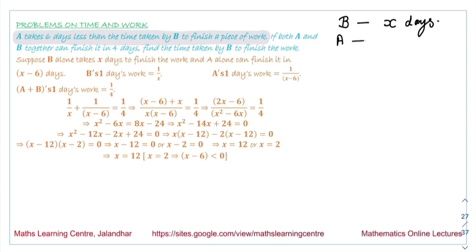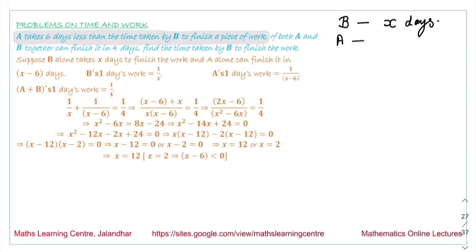Now the part of the work done by B in 1 day will be 1 by x. And the part of the work done by A in 1 day is 1 over x minus 6.